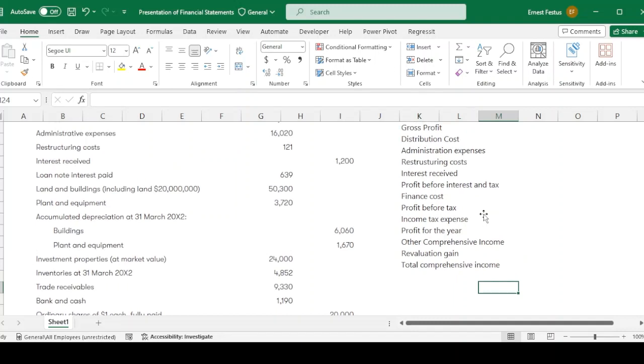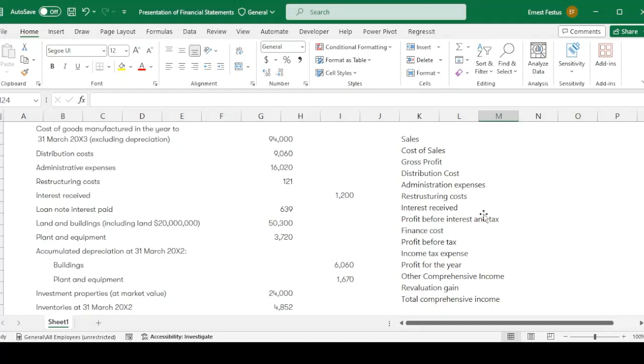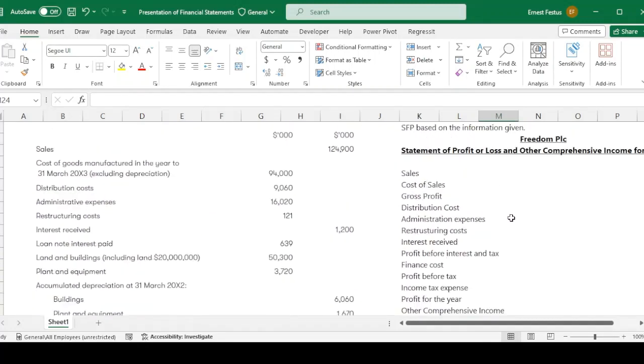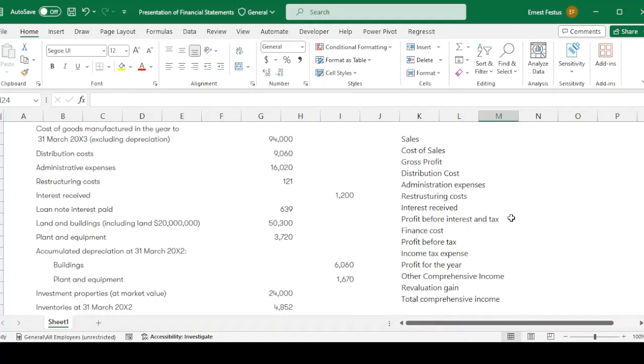But when you are doing this manually, writing with your hand, perhaps when you are not sure about all the information you have, you can leave spaces between some of the lines so that you can allow for any corrections when you start working on the financial statements.